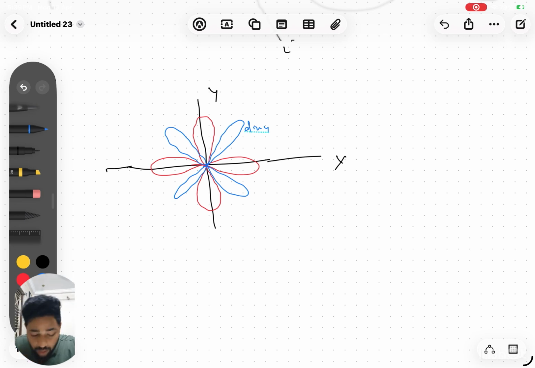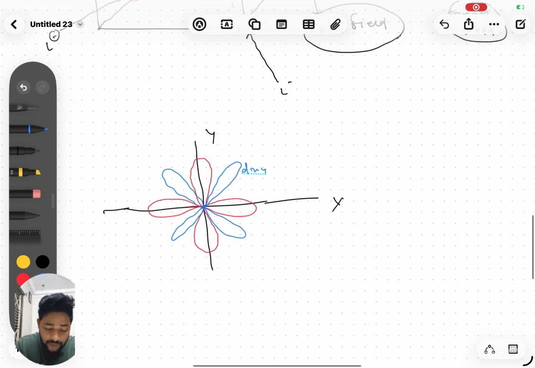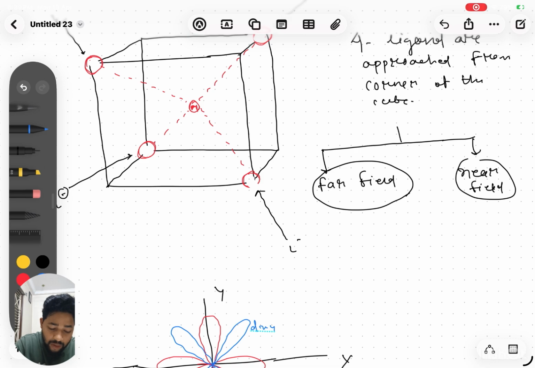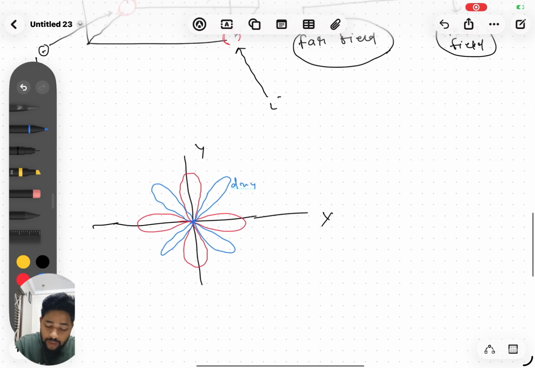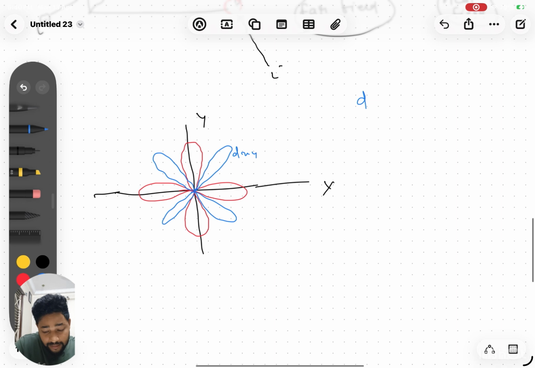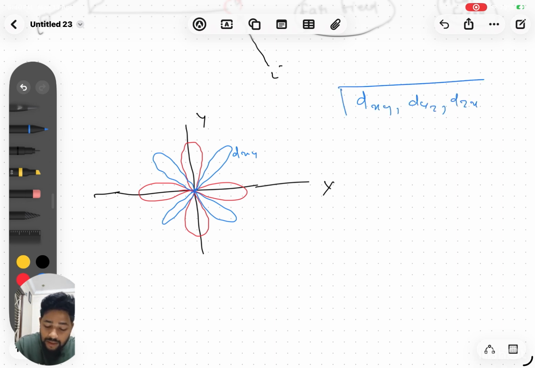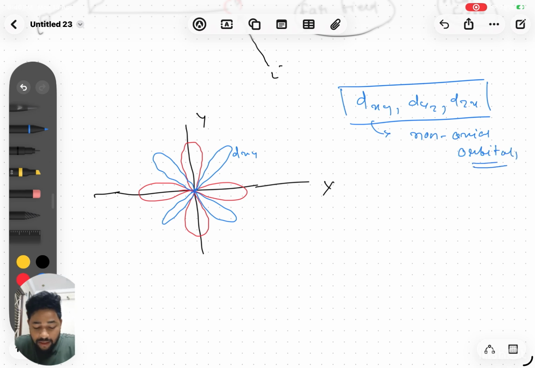The dxy orbital is present in between the axis, that is, in the cube it will be on the corner side. So dxy, dyz and dzx, these three orbitals are present in between the axis; they are non-axial orbitals. In tetrahedral, the ligands approach from this corner.